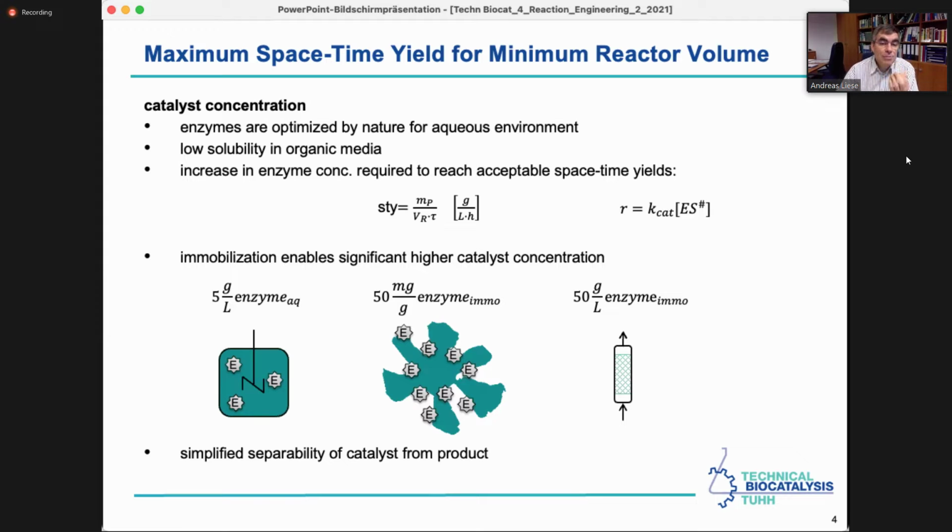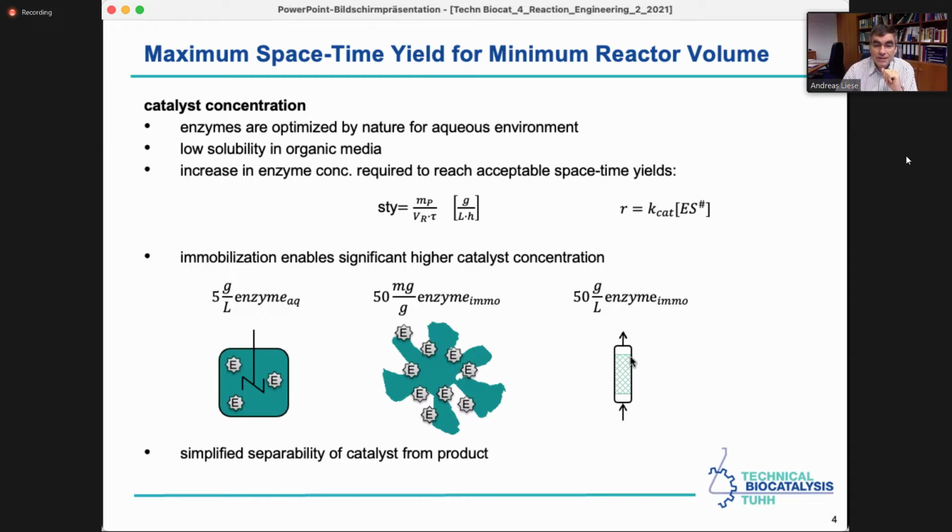If we're immobilizing enzyme on a support, typical values are 50 milligrams of enzyme immobilized per gram of support carrier system. Meaning, since these particles we can pack in a plug flow reactor, generating a packed bed reactor, the crossed lines here in the middle would be the bed of immobilized enzymes.